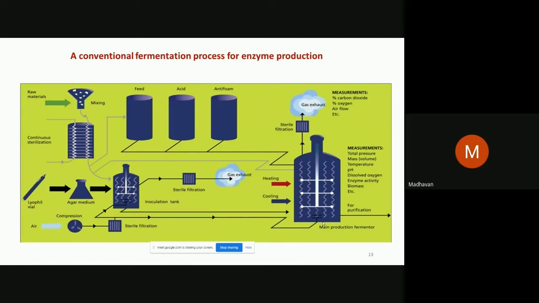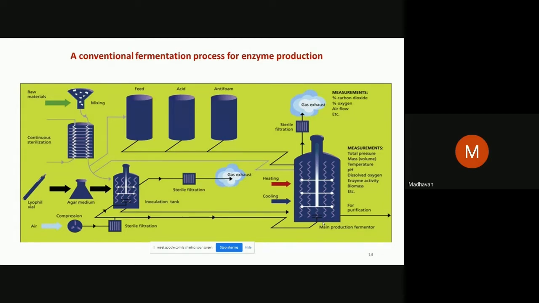Coming to the microbial production of these enzymes, those who have studied industrial biotechnology know about fermentation. We have two types: submerged fermentation or liquid fermentation, and solid state fermentation, which is in the absence of free water. Here is the typical conventional fermentation process for enzyme production.